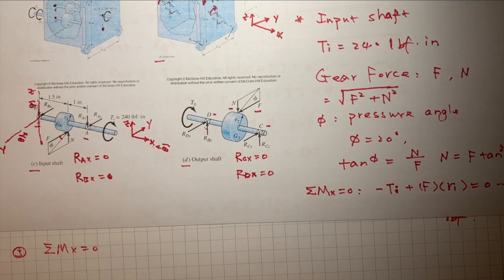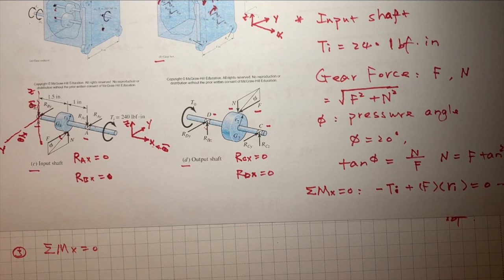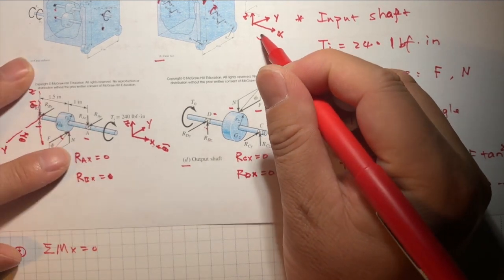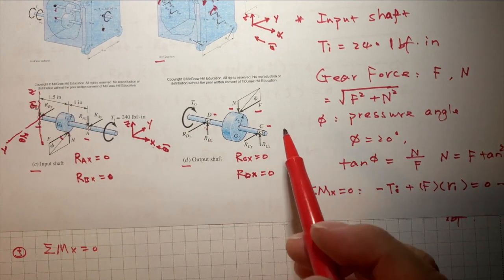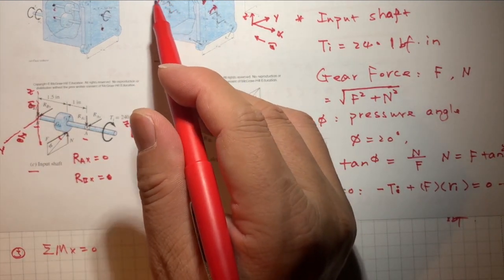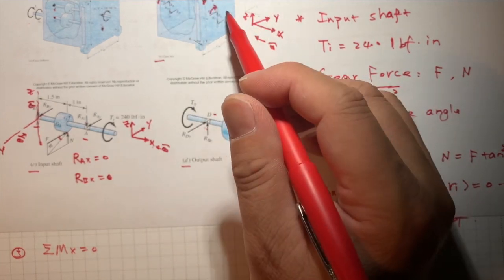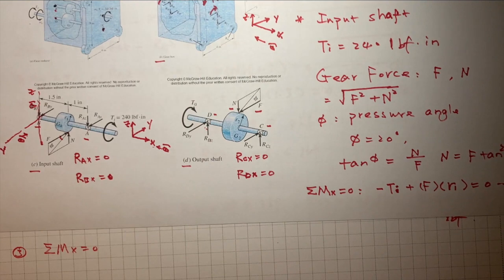Usually the difference is very small, so you can assume maybe the value of R will be the same. So based on the moments, if you have I here, right, you're looking from that way, this is going to produce this force couple clockwise. Right. This force couple is going to produce clockwise moment.